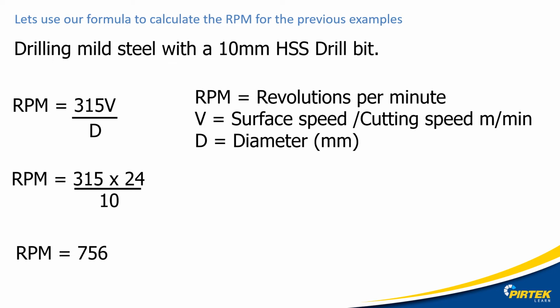We then divide it by the diameter of the tool to get our revolutions per minute. With our formula, there is no need to convert units. Just input the surface speed in meters per minute and the diameters in millimeters. In this example, 315 times 24 divided by 10 is approximately 756 revolutions per minute.